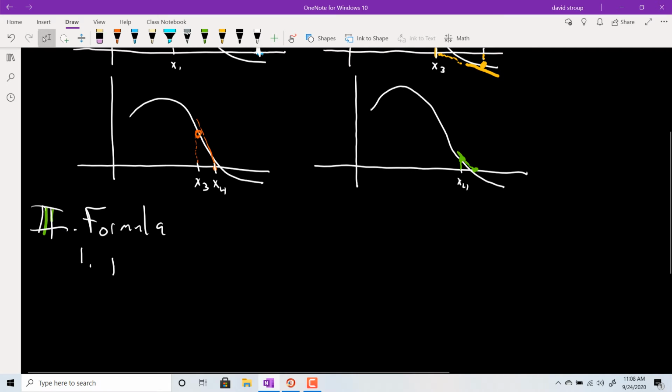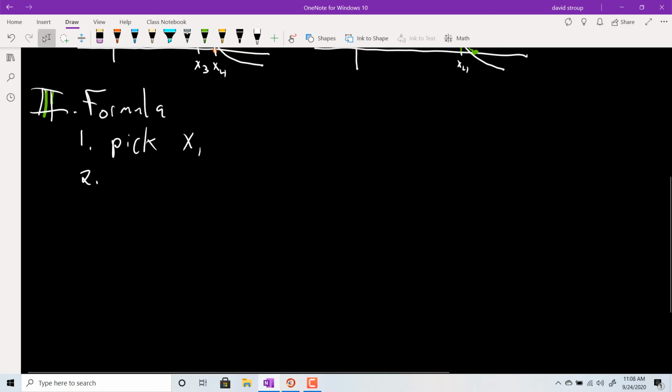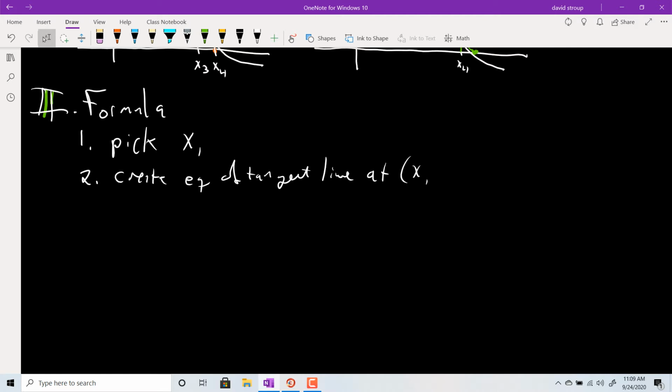We picked a random x value, x1, and then secondly, we created a tangent line at that point. So create the equation of the tangent line at x1 comma f of x1.